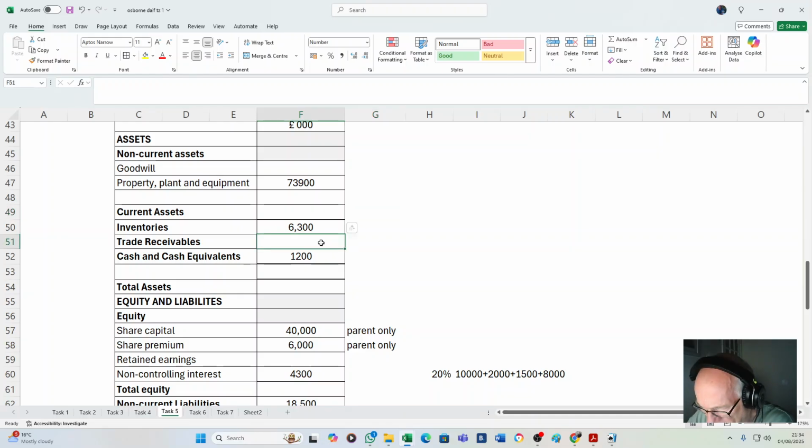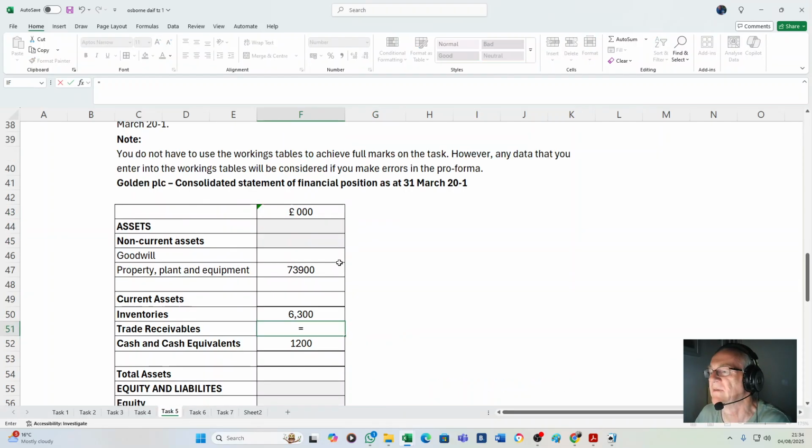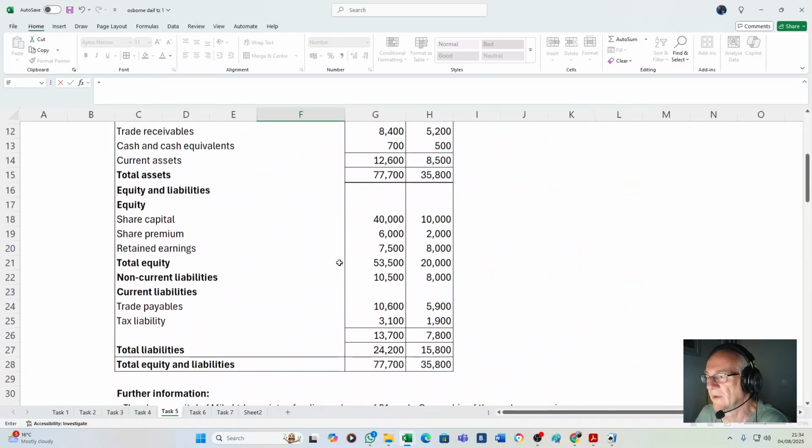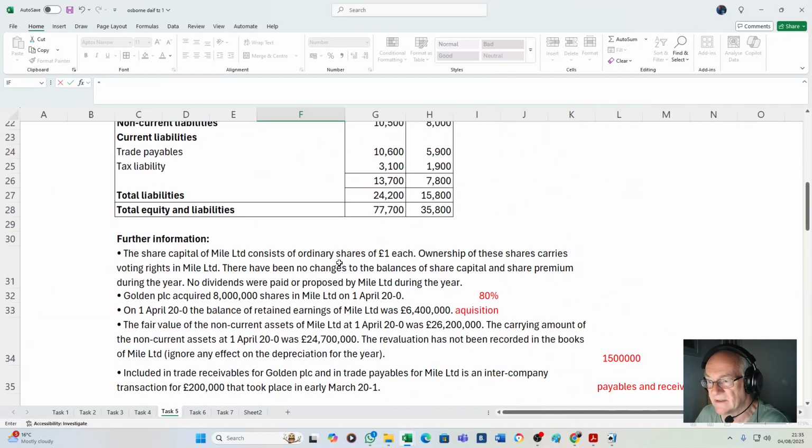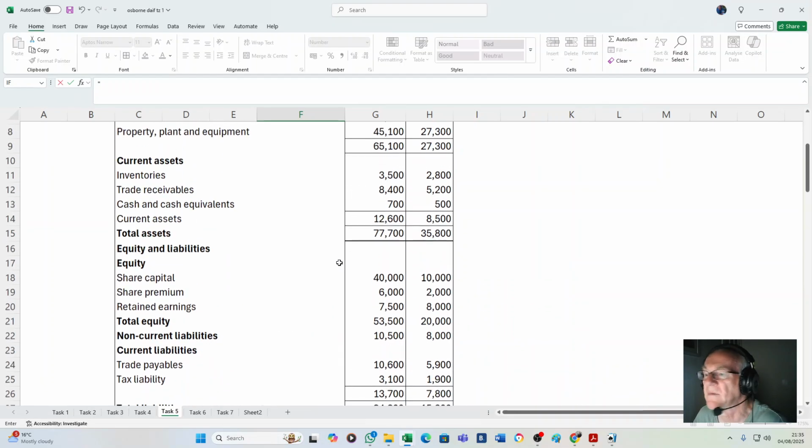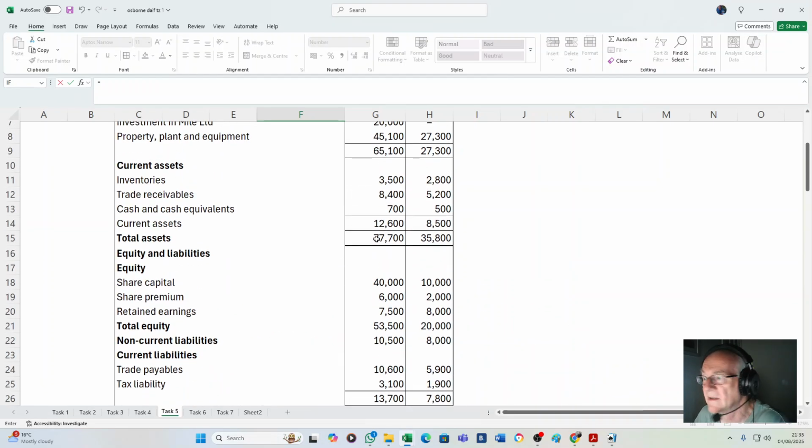So the receivables, you can't owe yourself money, but we know how much it is. It's in the text. It's 200, or we're going to type in 200. It's 200,000, but of course it's already in thousands here. So Golden plus Mile minus 200.